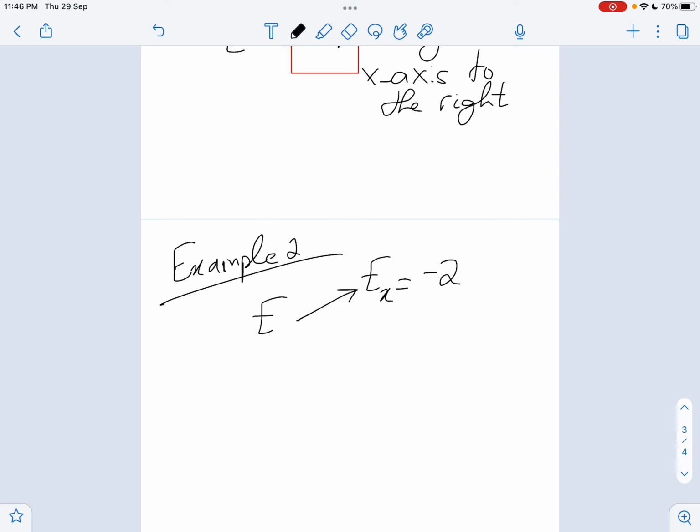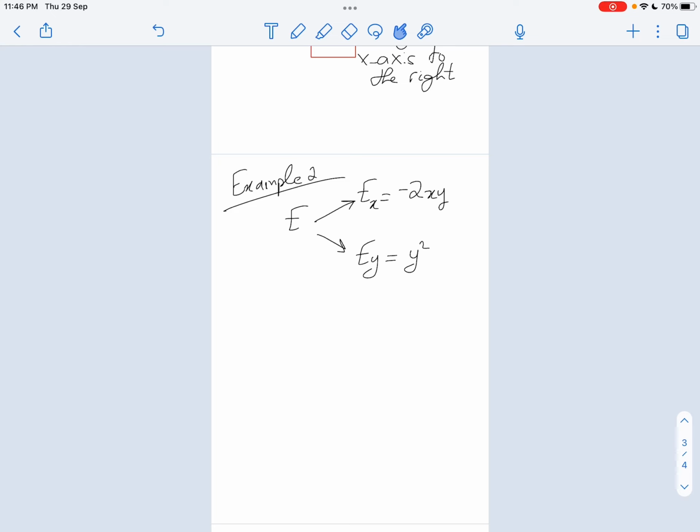That's the x component. It could be a function of y or x or both. And let's say EY is equal to y squared, for instance. So I have two components for the electric field, along the x-axis and along the y-axis.